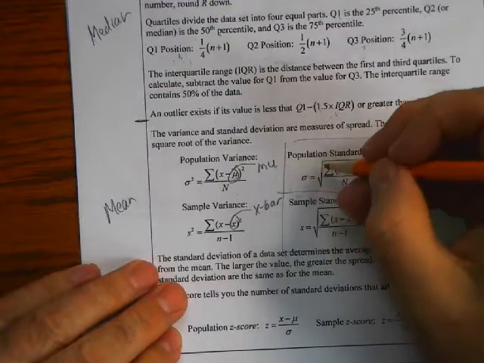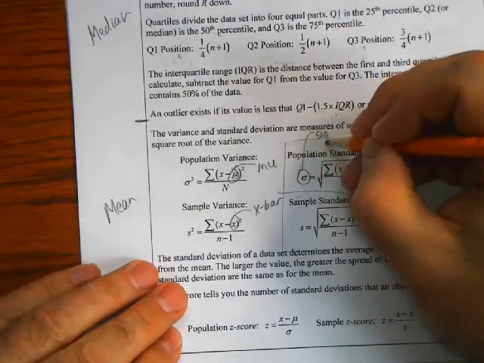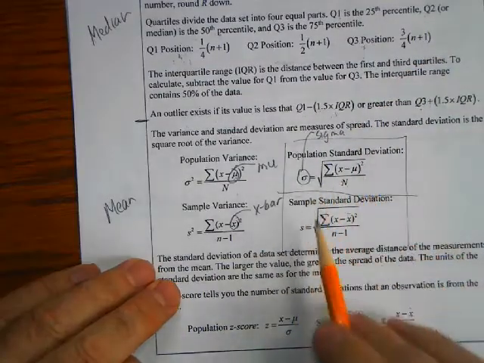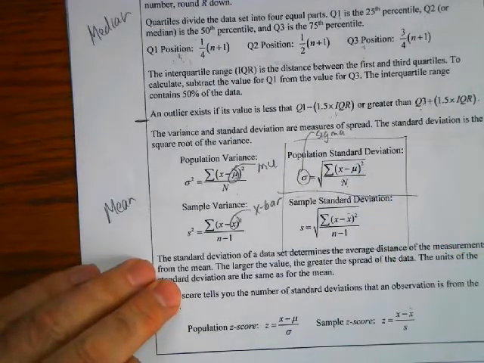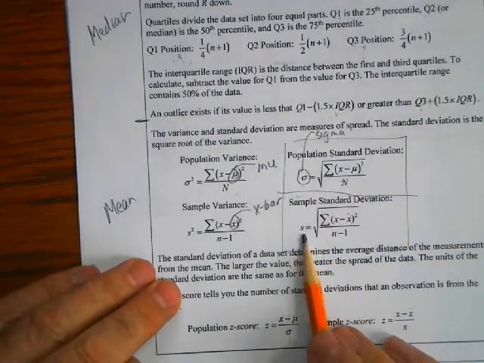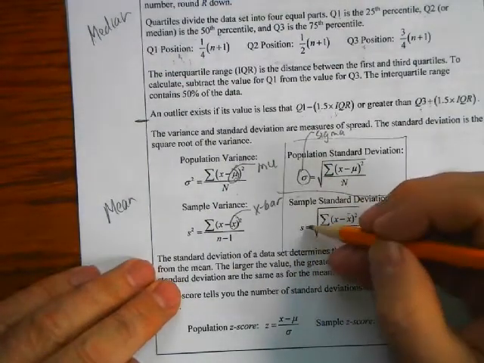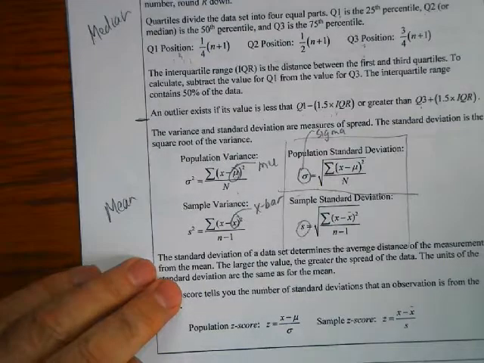This is another Greek letter called sigma. You don't have to say it, you just have to know that it's a variable that represents standard deviation for a population. Whereas for the sample, we use the English letter S, for sample standard deviation.